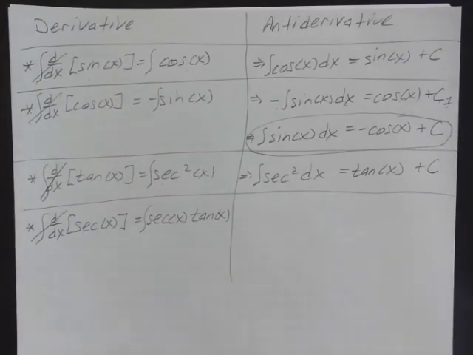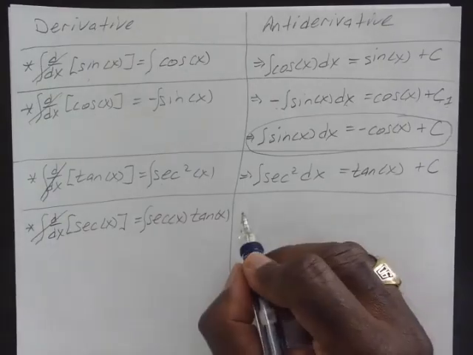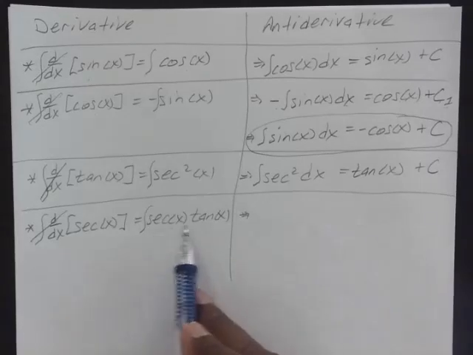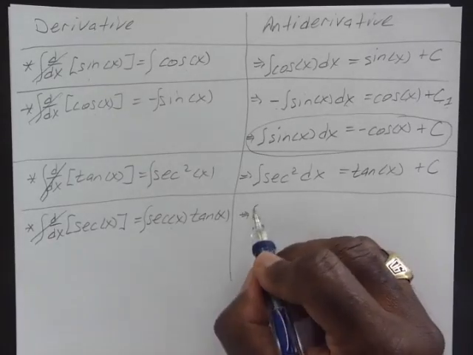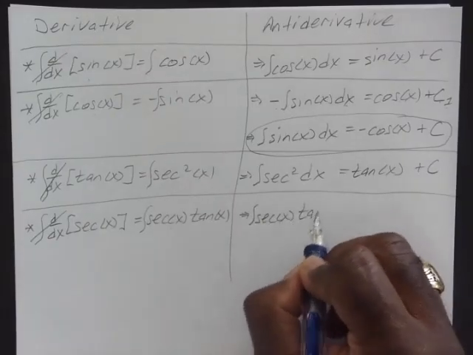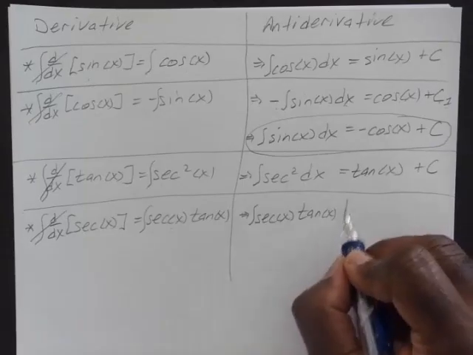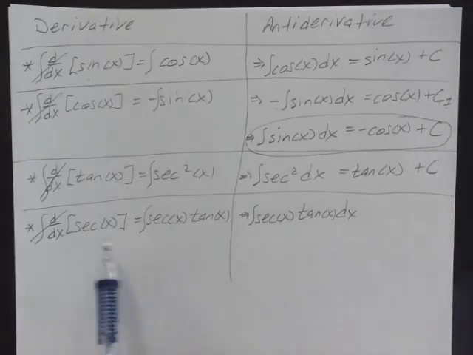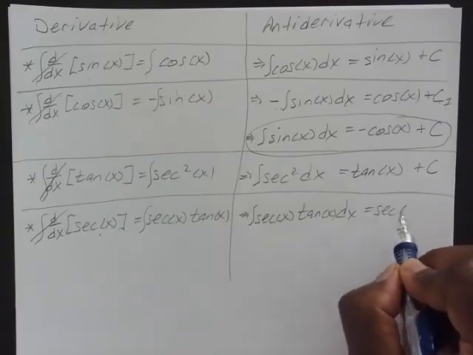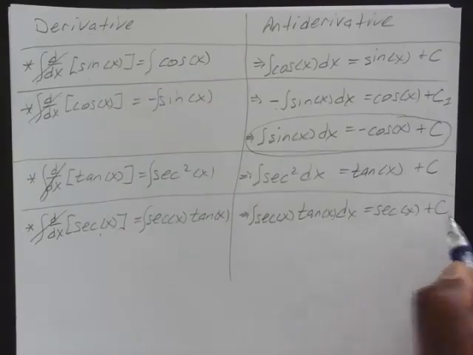On the left, the derivative and antiderivative cancel out. So that leaves us with the antiderivative of secant times tangent with respect to x is equal to secant of x plus c.